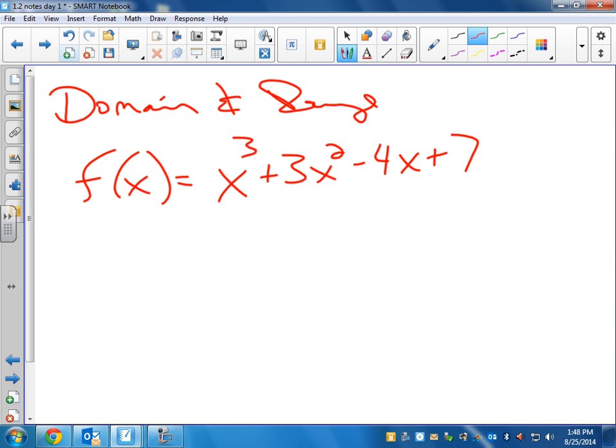Don't overthink these. We get so used to having restricted domains and ranges that we forget when we have something like this. Are there any square roots in this equation? Nope, so don't worry about imaginary numbers. Are there any x's in the denominator of this equation? Nope, don't worry about dividing by 0. This is a polynomial equation, which means, what's the domain of that going to be?